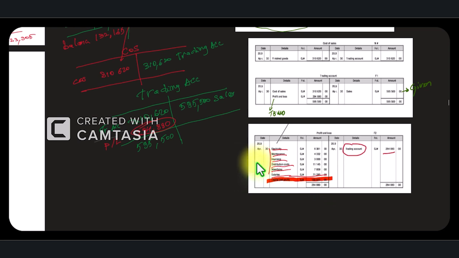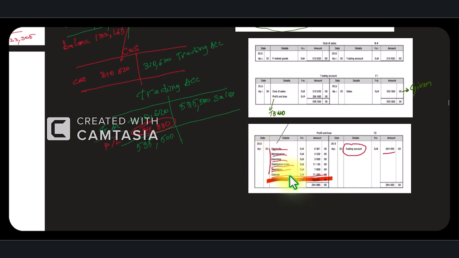So here they are. It makes sense, because remember, when you were looking at your income statement, you get sales minus the cost of sales, and when you get your gross profit, you minus other costs, other expenses incurred. And this is the section where the other expenses are taken into account.